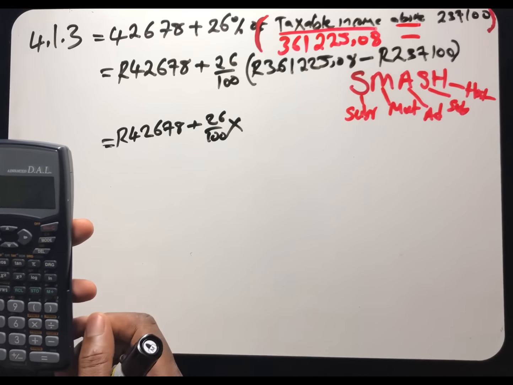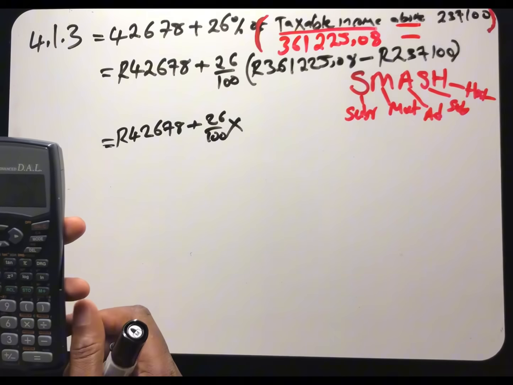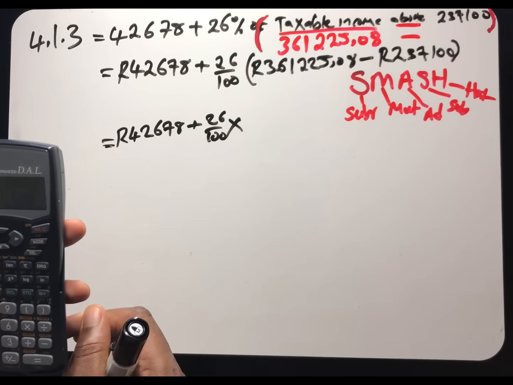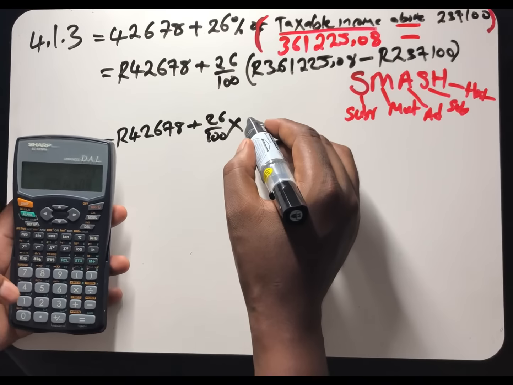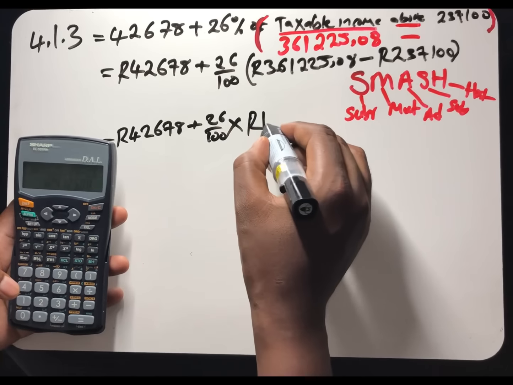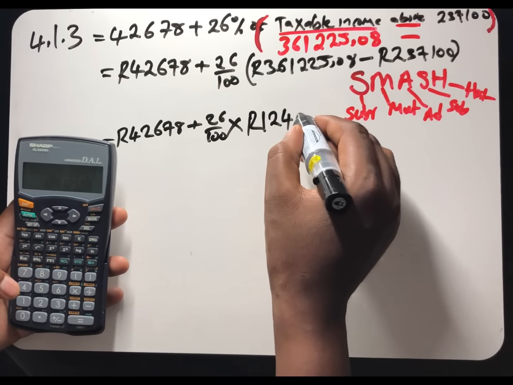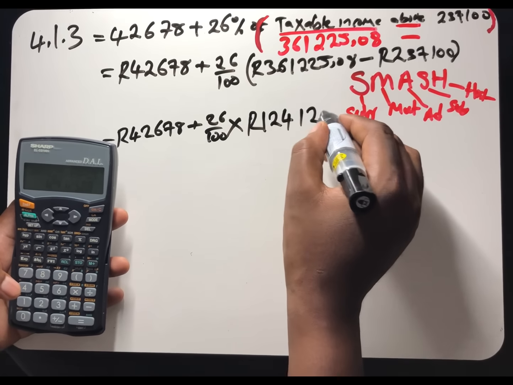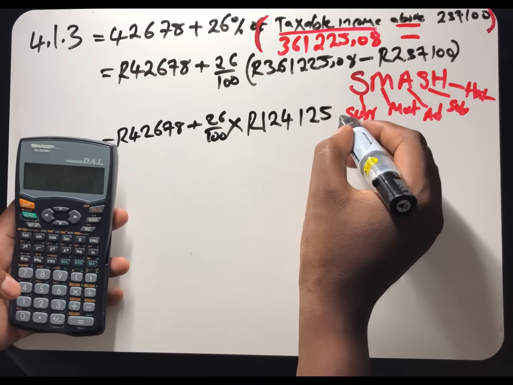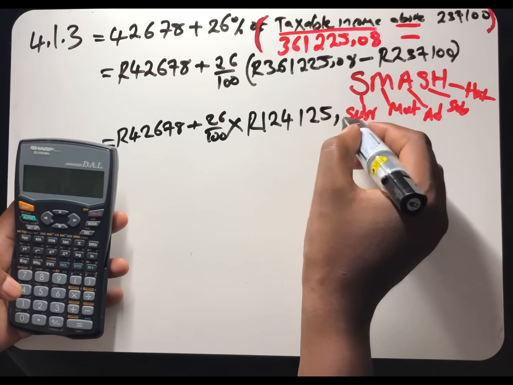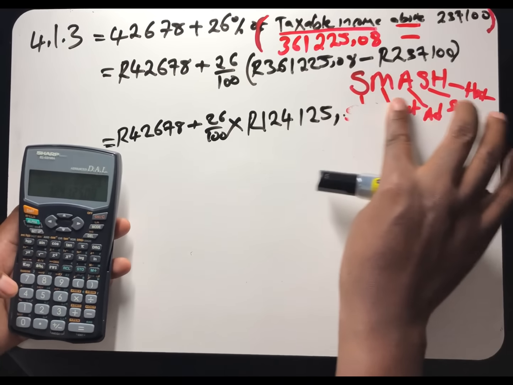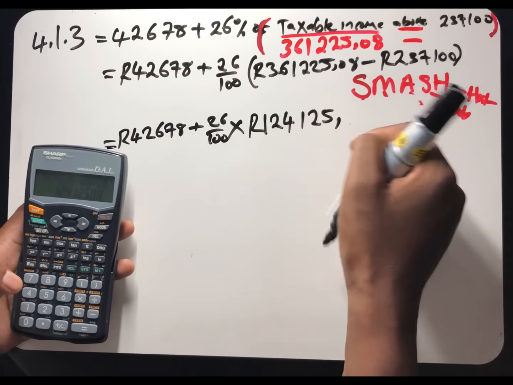So we find our answer to be 124,125 rands and 8 cents. Let me erase this part to get some space.